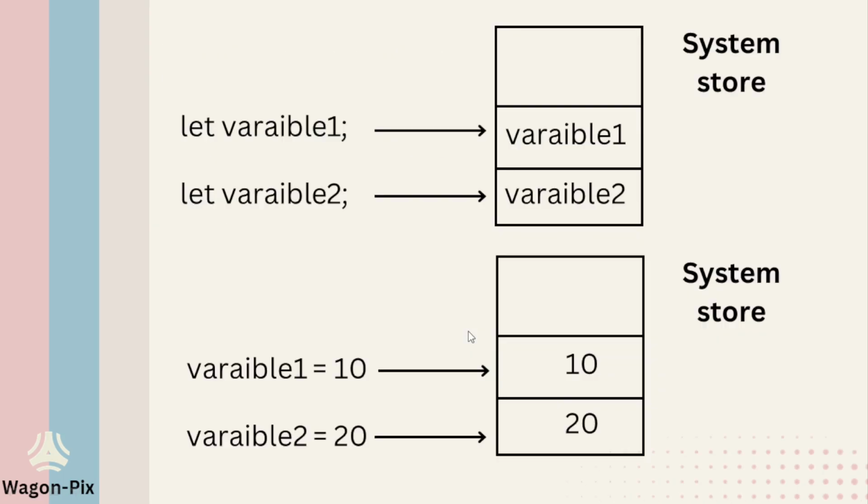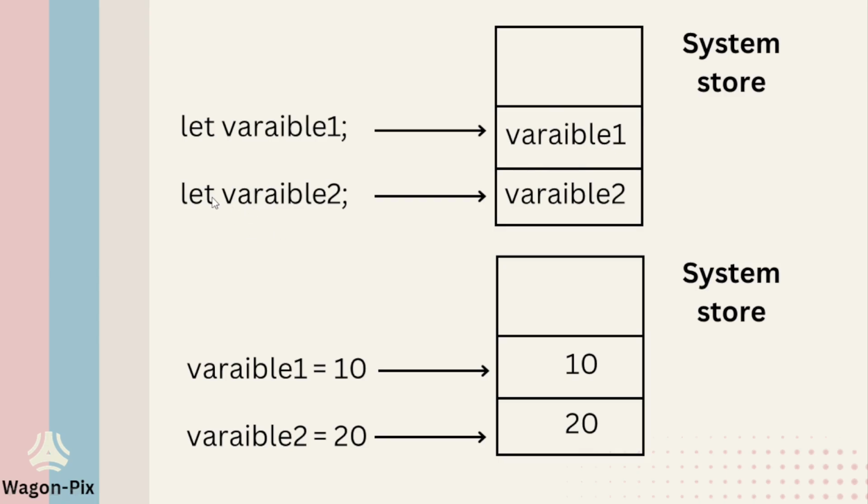So here we have an example which we can go through. When I write let variable1 in my computer, I'm telling my computer that I want a storage to store something, and the name of the storage is variable1.